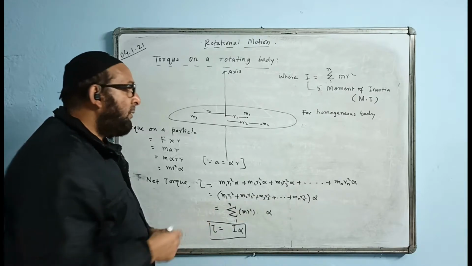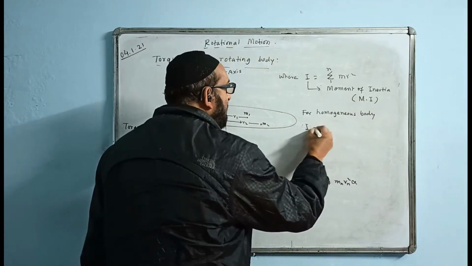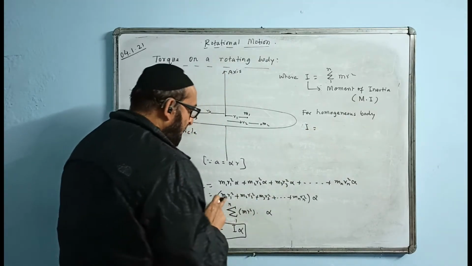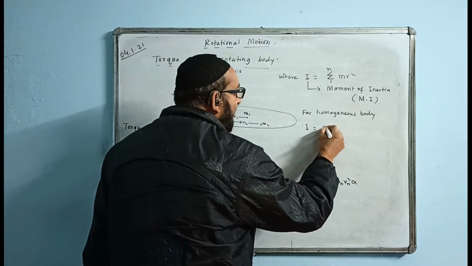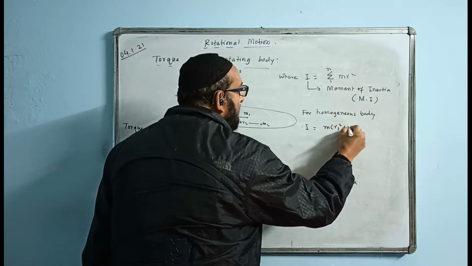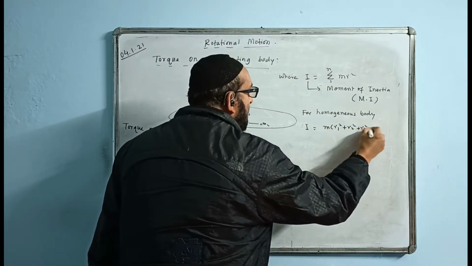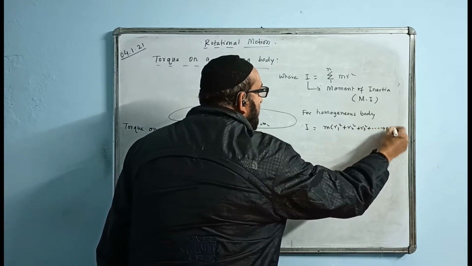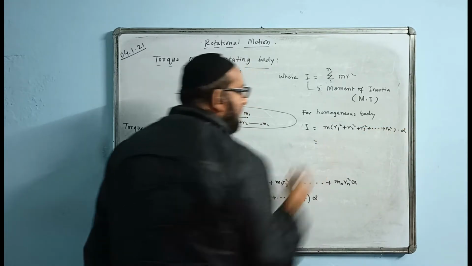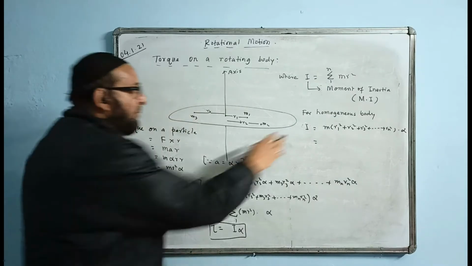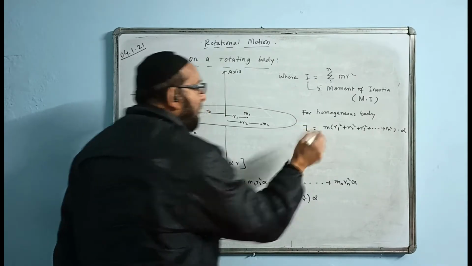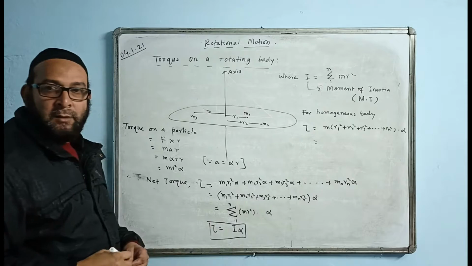We can take m common. Then I becomes m times r1 squared plus r2 squared plus r3 squared and so on up to rn squared, and the torque formula becomes this, multiplied by alpha.